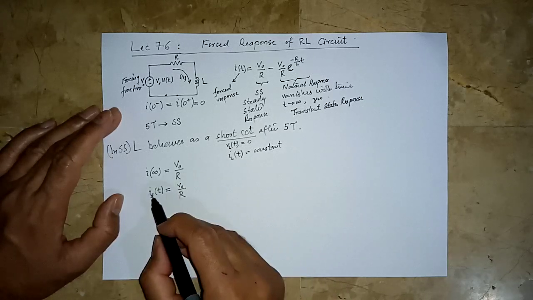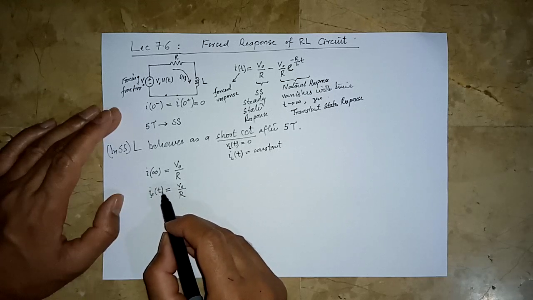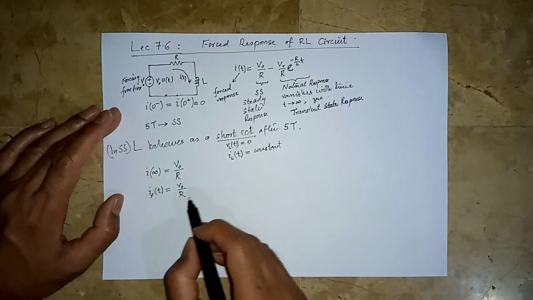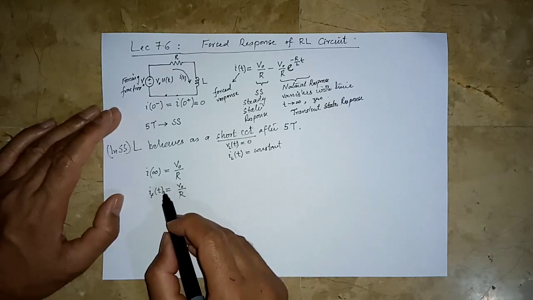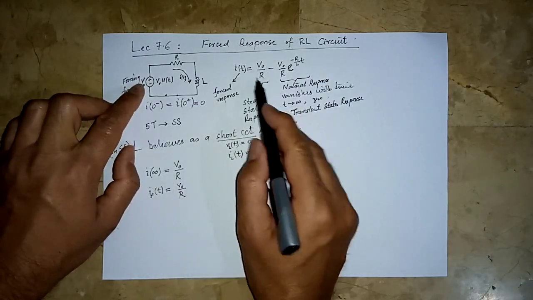Or, this is not the final value, sorry, this is the final one. This is the forced part, the term of current that matches the forcing function. The forcing function is constant, so this is a constant as well.